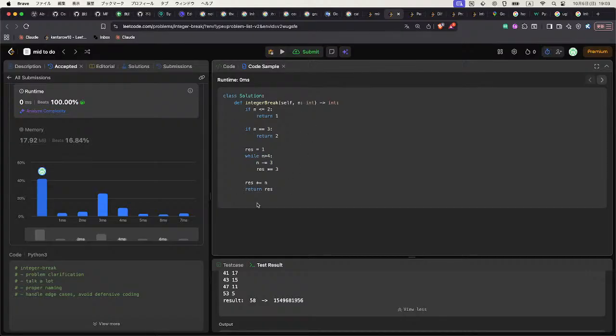So apparently we should use 3 as a factor as much as possible.